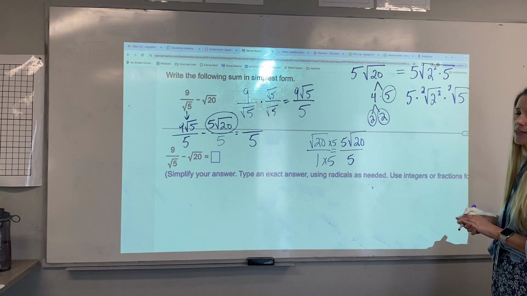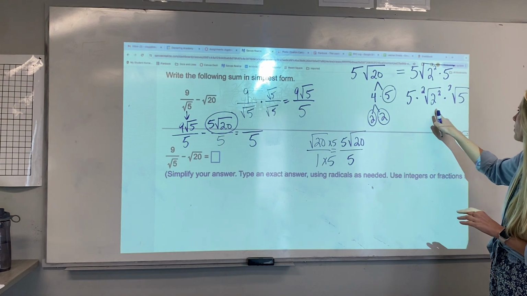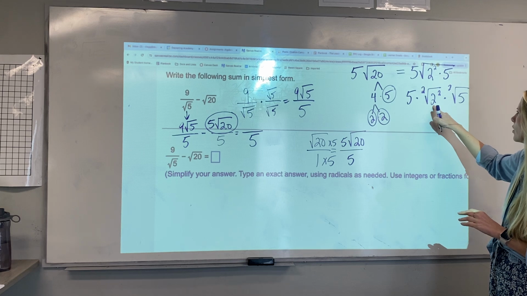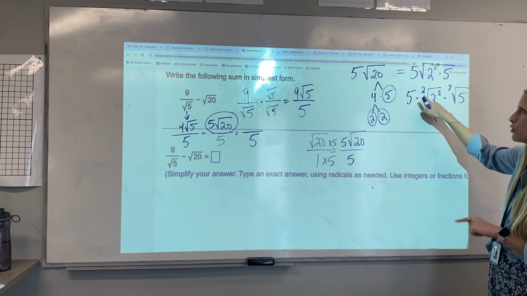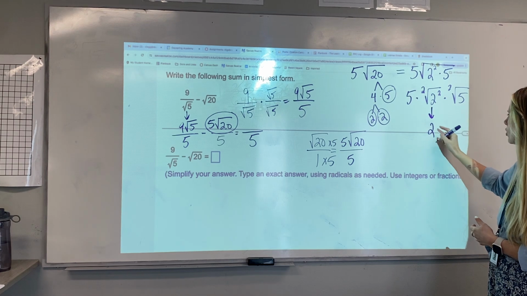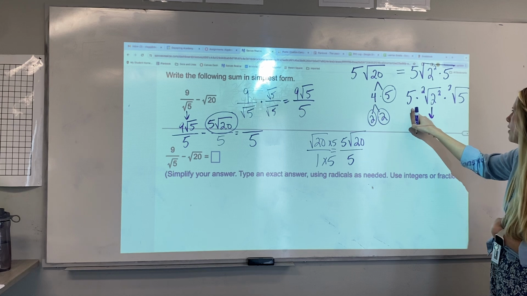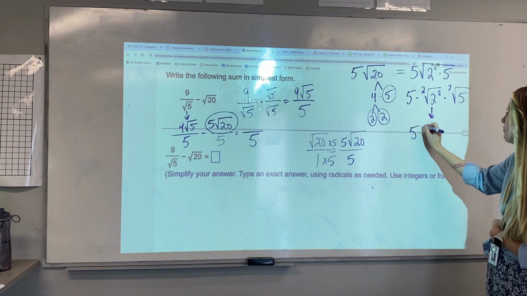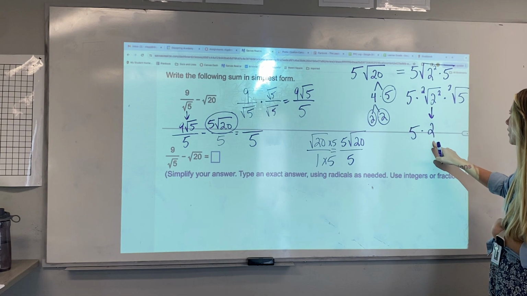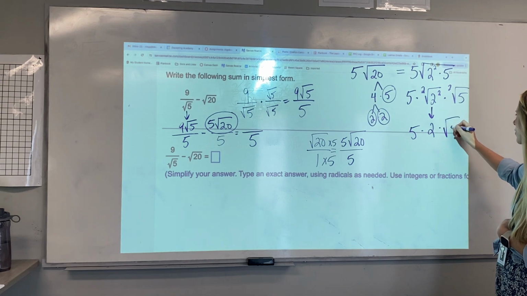Yes, what is it? Oh, sorry, the 2. Yep, the 2. Because this is 2 to the 2 over 2, that's 2 to the 1, that's 2. So this is free now. 2 is no longer in its radical cage, and it is going to join the 5. So it's going to be 5 times 2 times radical 5.